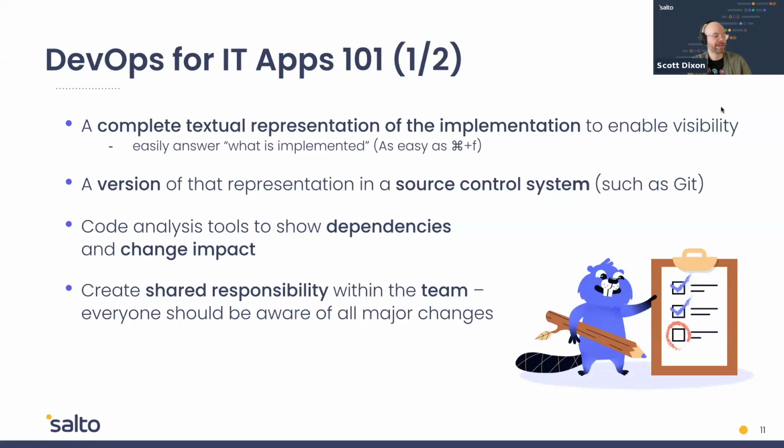Now, we also need a version of that representation in some sort of source control system like Git. We need code analysis tools to show dependencies and the impact of making a change. And we need to create a shared responsibility within the team. So everyone should be aware of major changes. It shouldn't take anyone by surprise that a certain feature has been pushed to production.